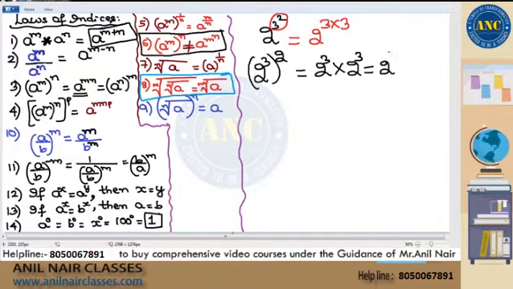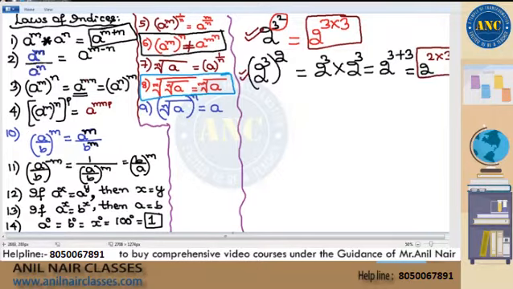So it is 2 power 3 plus 3, and 3 plus 3 is nothing but 2 times 3. Observe carefully: this particular value is giving me 2 power 3 into 3, and this one is giving me 2 power 2 into 3. They are definitely not the same.